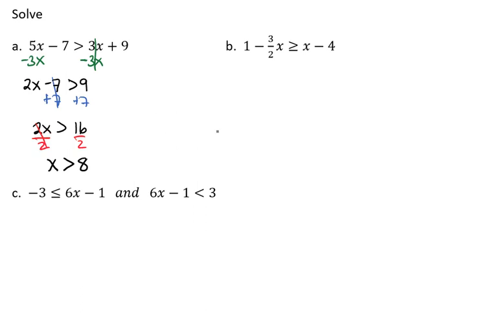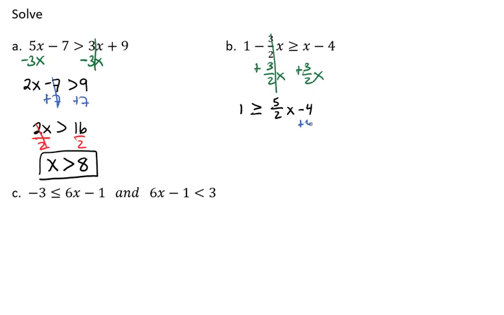Let's go ahead and take a look at our next inequality. So here we have 1 minus 3 over 2x is greater than or equal to x minus 4. So I'm going to start by adding my 3 halves x to both sides, which is going to give us 1 is greater than or equal to 5 halves x minus 4.